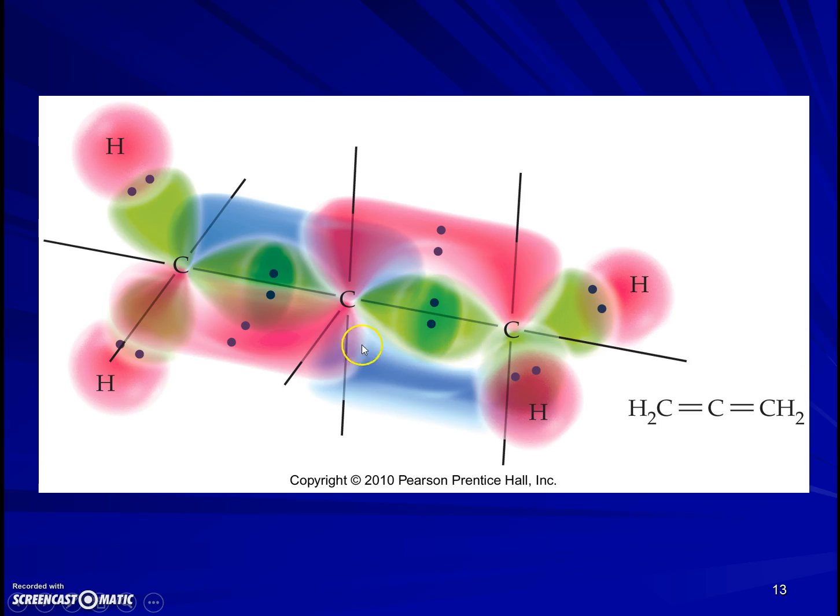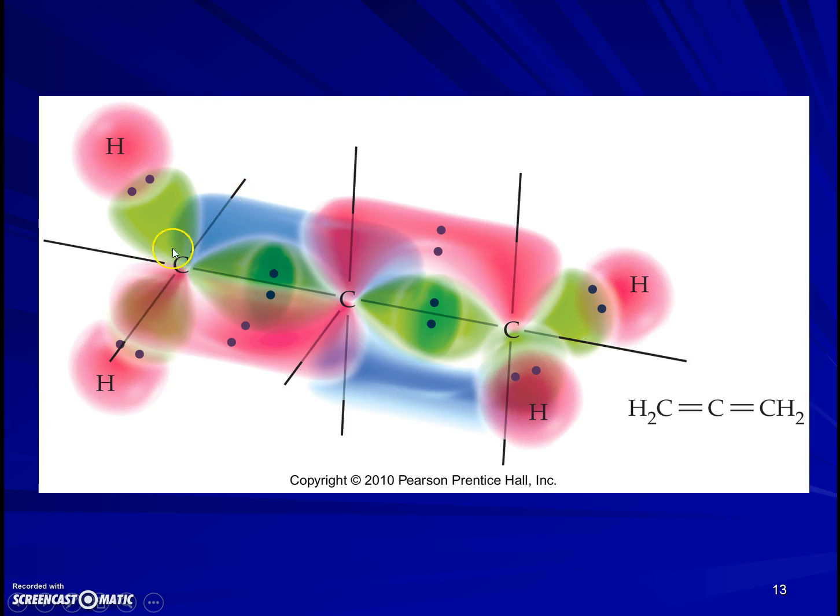Alright, so if that central atom is sp hybridized, that means it has 2 unhybridized p orbitals. One on this we'll call the z-axis, and one on this we'll call the y-axis. One of them, the one that's along the y-axis, can make a pi bond with this particular carbon.